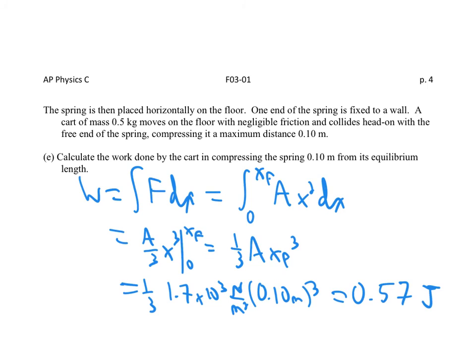In principle, instead of doing the integral, you could have made a plot of F versus x and then taken the area under it, but that seems like a lot of extra work.